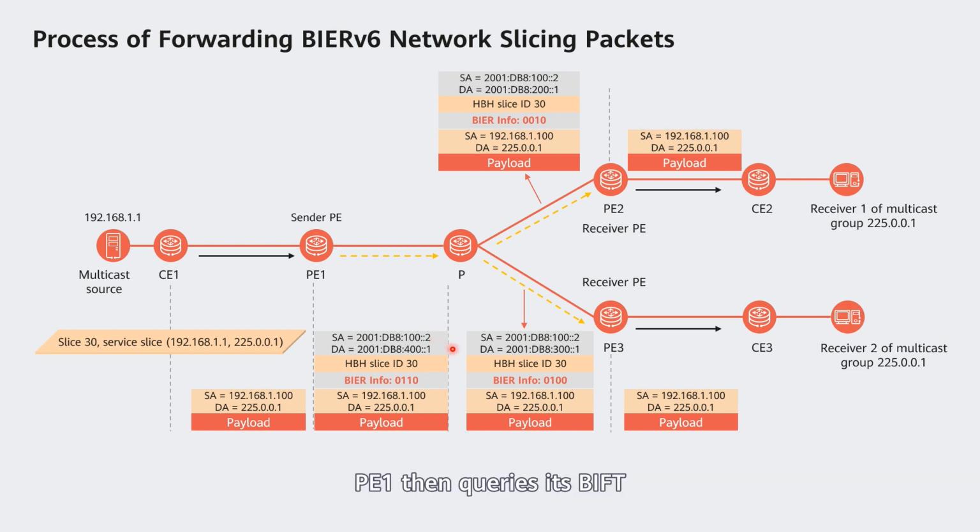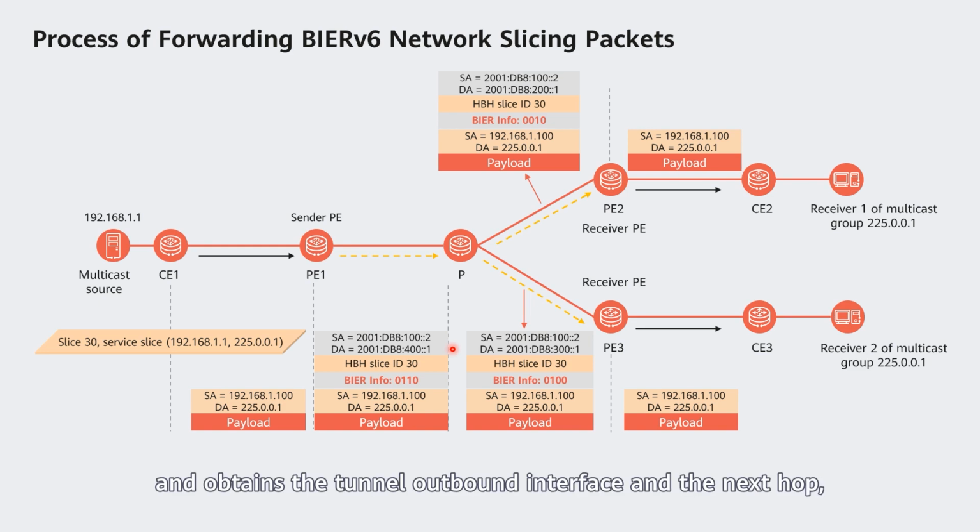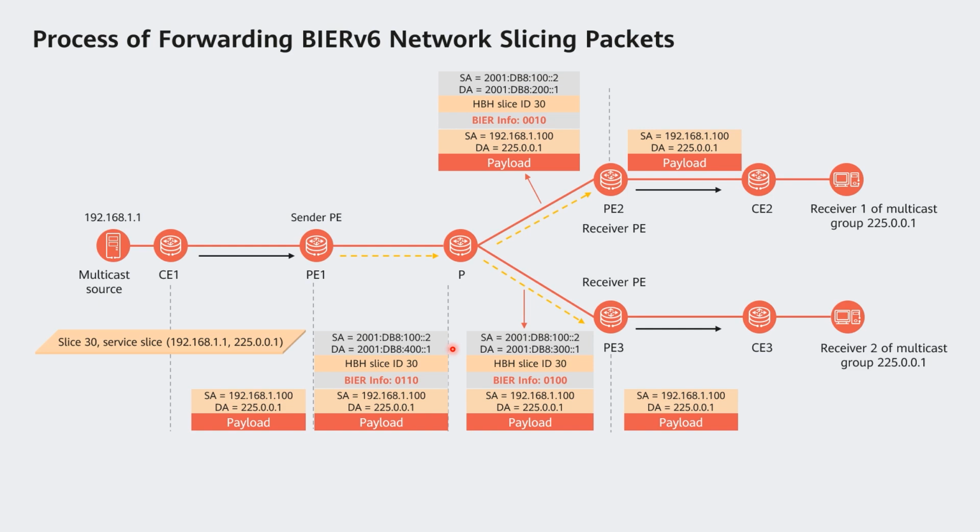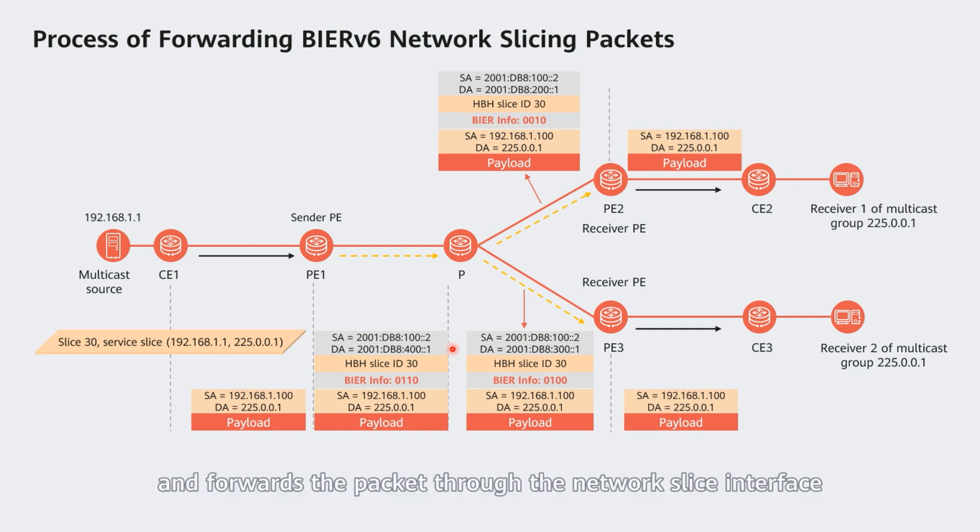PE1 then queries its BIERv6 table and obtains the tunnel outbound interface and the next hop, which is the P. So PE1 sets the destination address of the packet to the end BIER SID of the P. In addition, PE1 parses the slice ID from the packet header, encapsulates the slice ID into the HBH, and forwards the packet through the network slice interface corresponding to the slice ID.